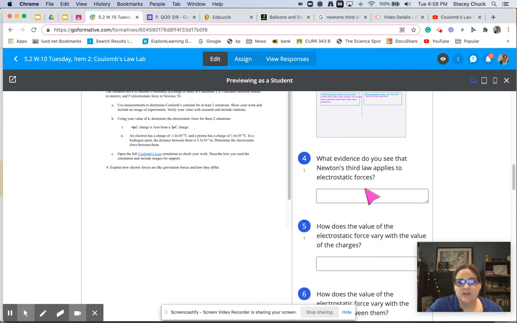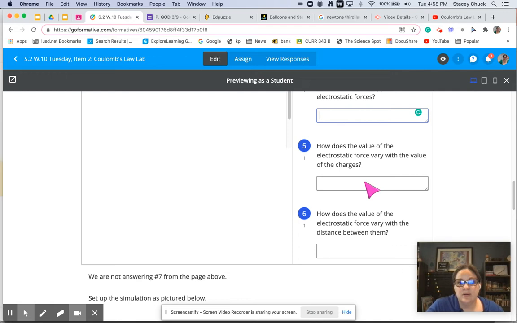So what is the relationship? Use proper language here. Increasing the charge will increase the force.